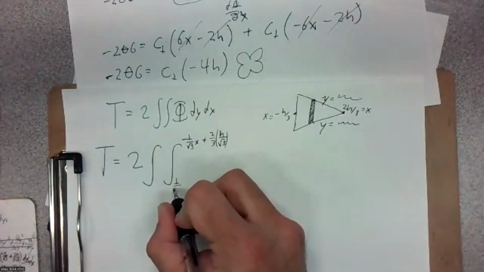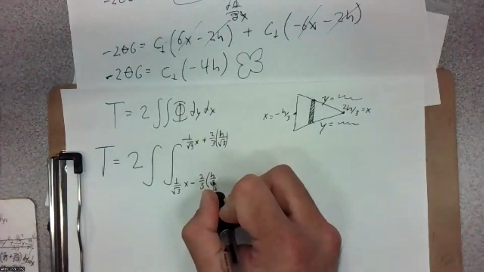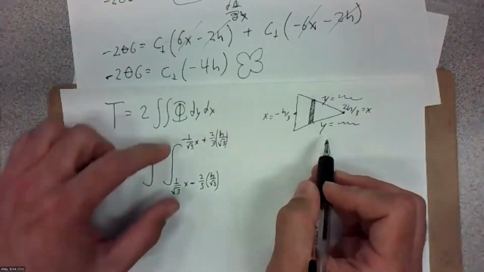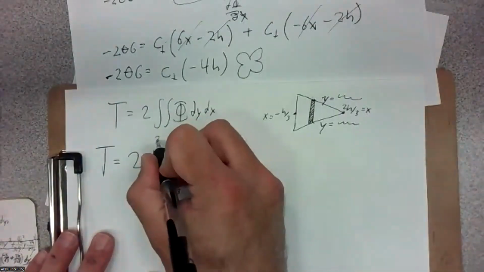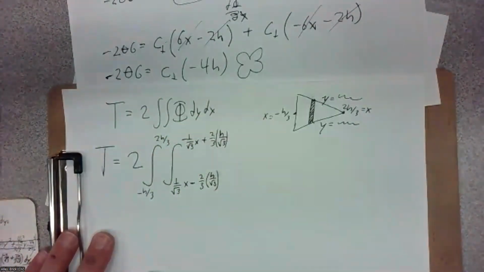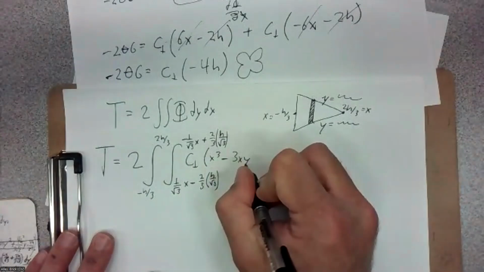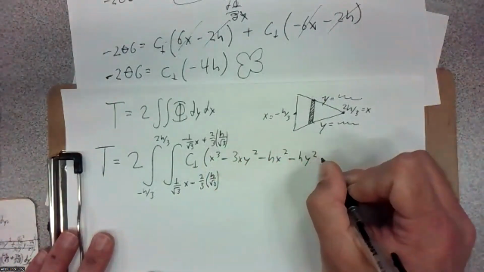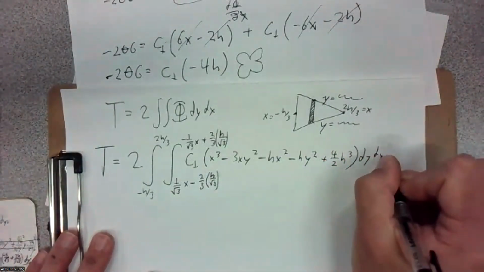So that's 1 over root 3 x minus 2/3 h over root 3. And then once this is all in terms of x, the x integral is pretty easy. I go minus h over 3 to 2h over 3. But both of these expressions have got to be jammed into this x cubed minus 3xy squared minus hx squared minus hy squared plus 4 over 27 h dy dx.